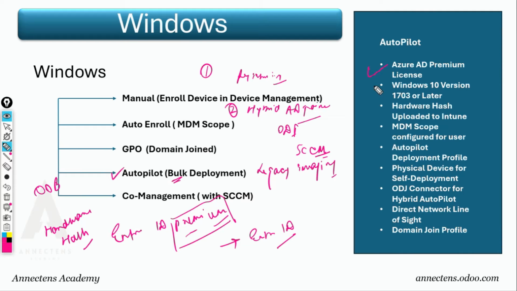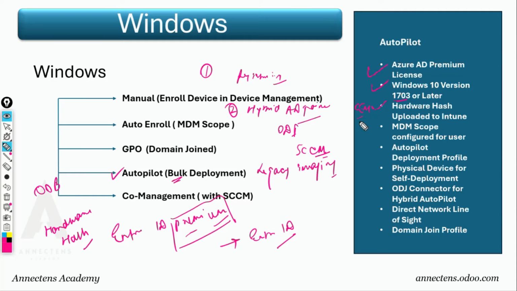So first we require a license. Second, we require a version where at least 1703 or later versions will work. We require a hardware hash to be uploaded to Intune. Sometimes you are taking it from the OEM, the original manufacturer who's manufacturing the device.